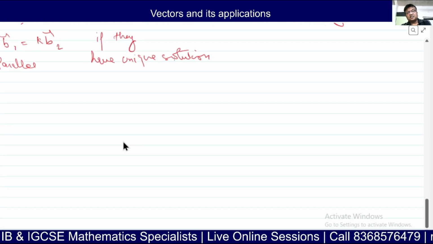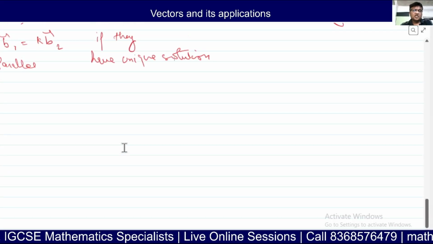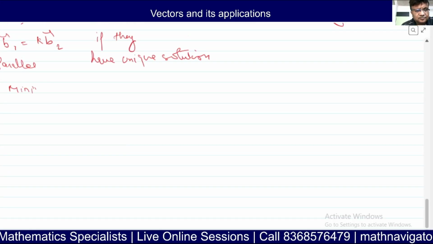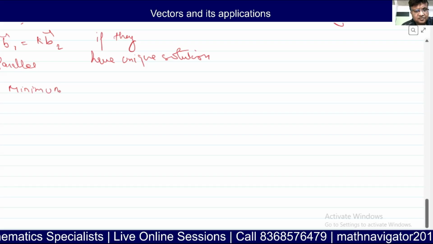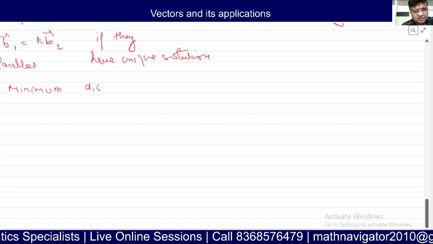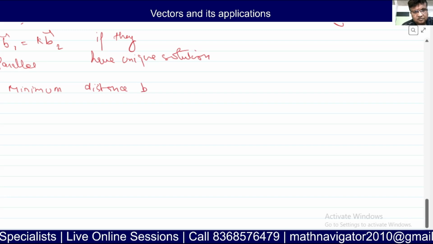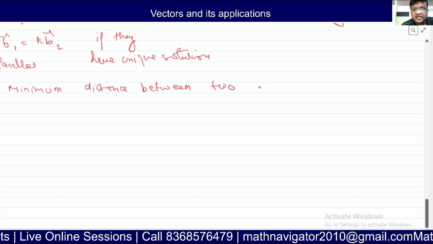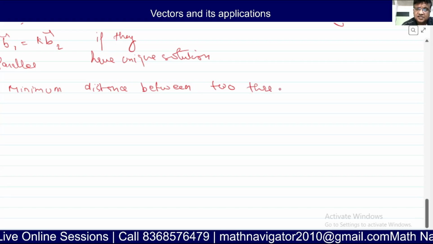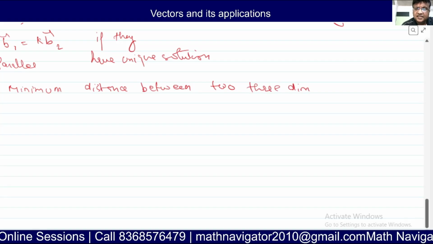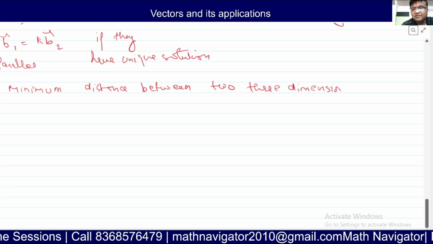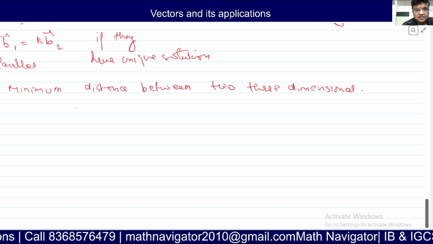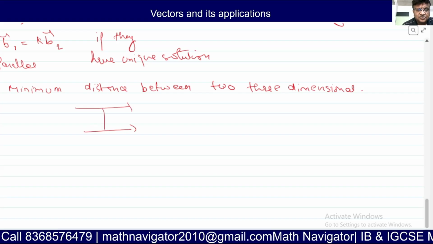Now there is another very important thing: the minimum distance between two three-dimensional lines. See, we have said that the minimum distance is the perpendicular distance, right?